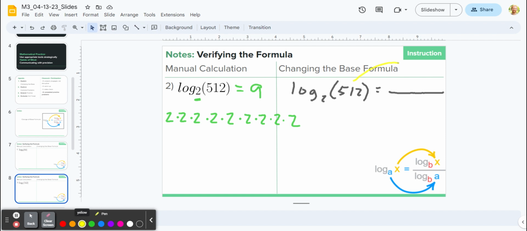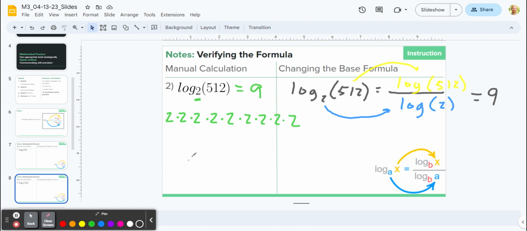The argument goes up top, so we'll have log base 10 of 512, and that base goes on the bottom, log of 2, and that's a base 10. We can plug that into our calculator and get log of 512, use that parentheses, divided by log of 2, parentheses, and we'll get 9.